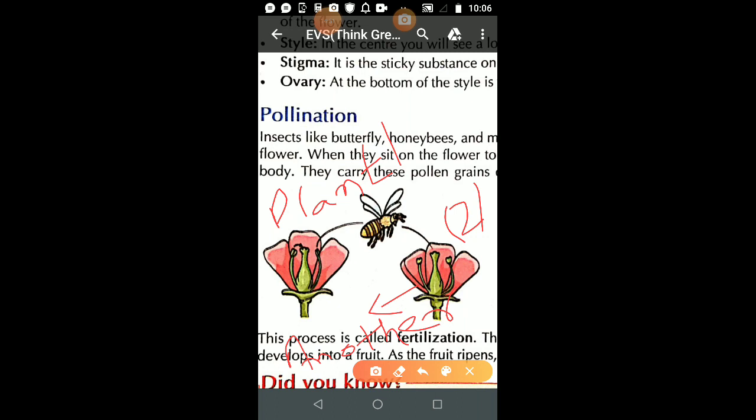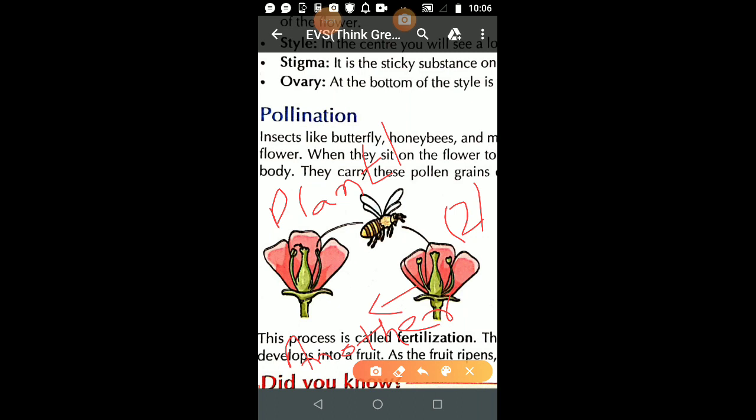Now what has happened? The transfer of pollen from an anther of a flower of one plant to a stigma of a flower of another plant of the same species is called cross pollination. Do you understand?